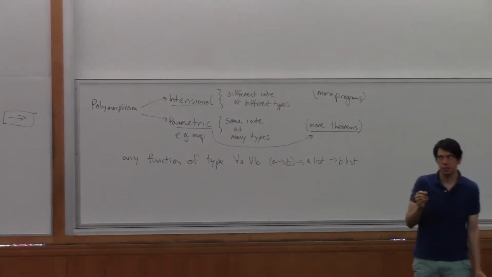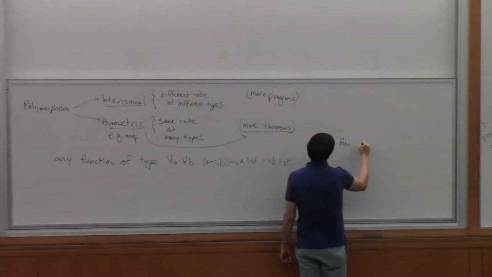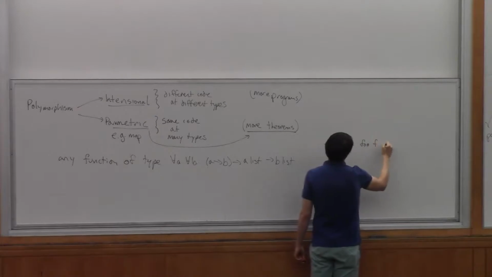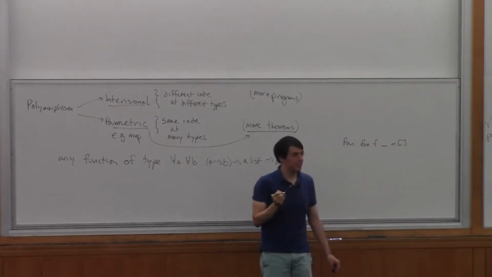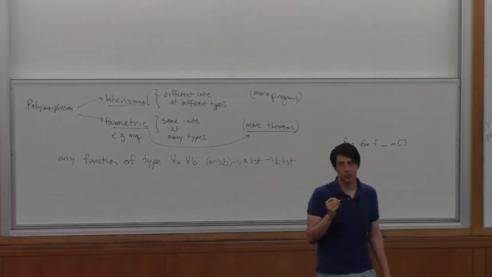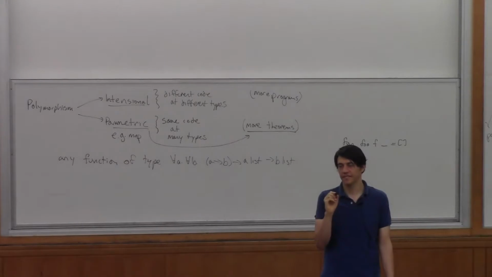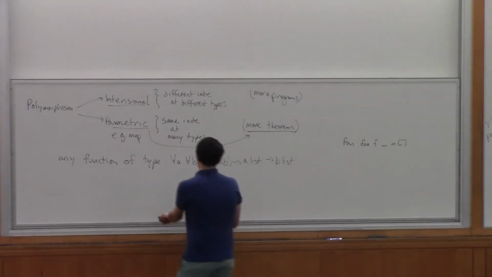Okay, it has to apply the, well, function foo f underscore equals empty list, right? Exactly.